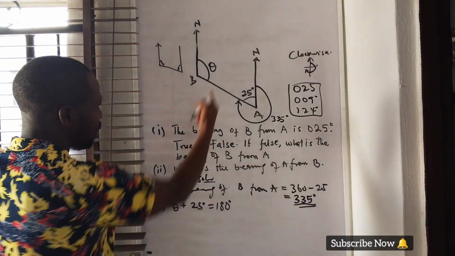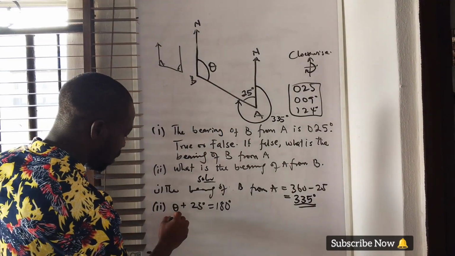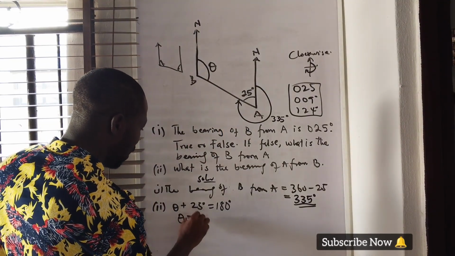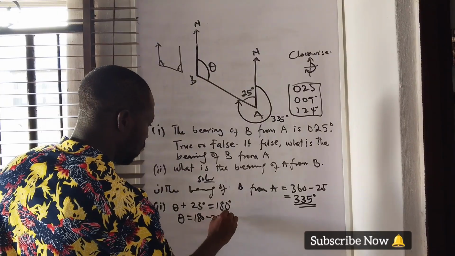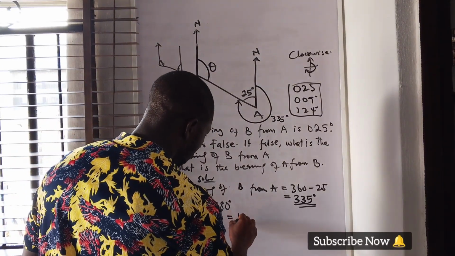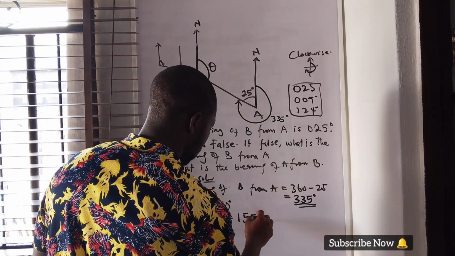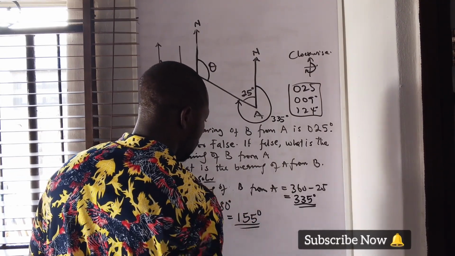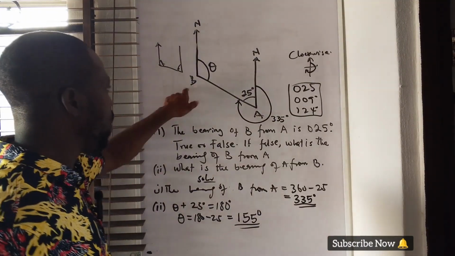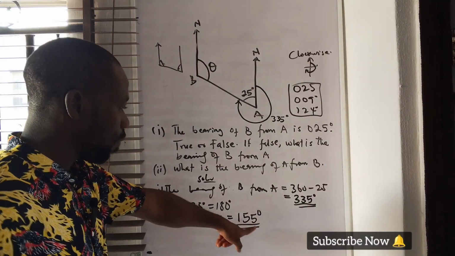And don't forget that theta is the bearing of A from B. So to get that, just have theta is going to be 180 minus 25. And that gives us what? 155 degrees. So the bearing of A from B is theta, and that is 155 degrees.